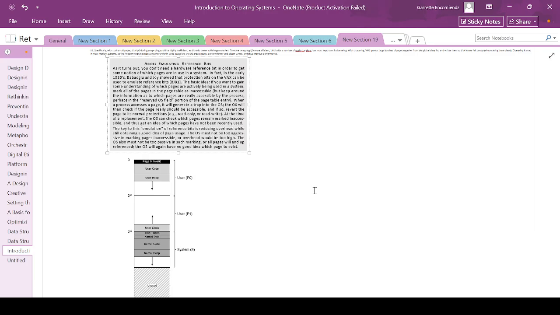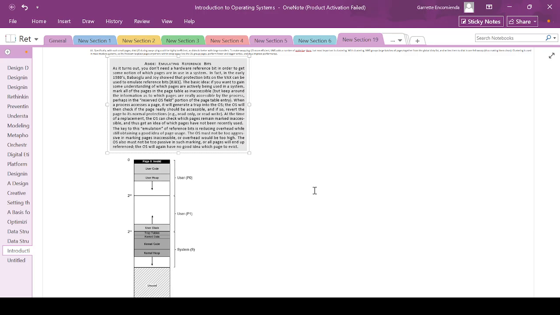The basic idea, if you want to gain some understanding of which pages are actively being used in a system: mark all of the pages in the page table as inaccessible, but keep around the information as to which pages are really accessible by the process, perhaps in the reserved OS field portion of the page table entry.